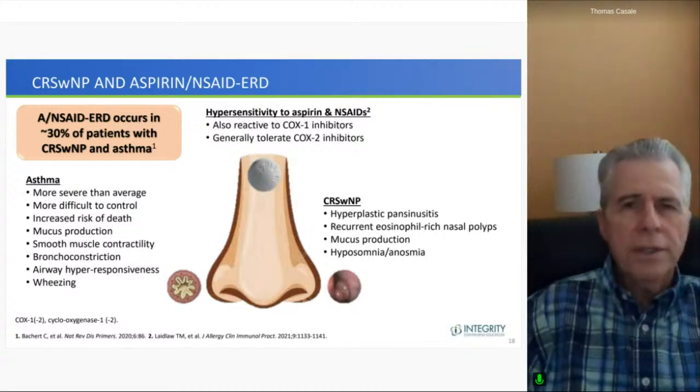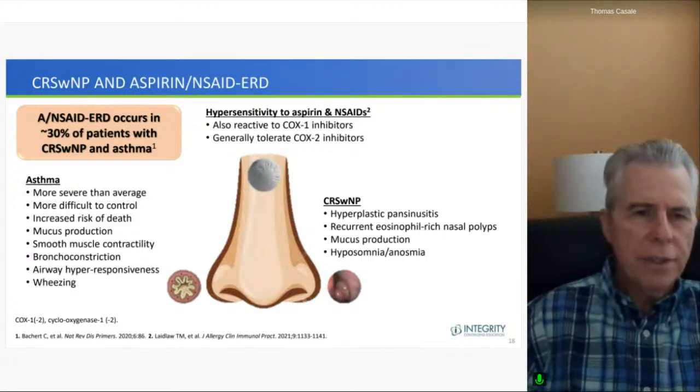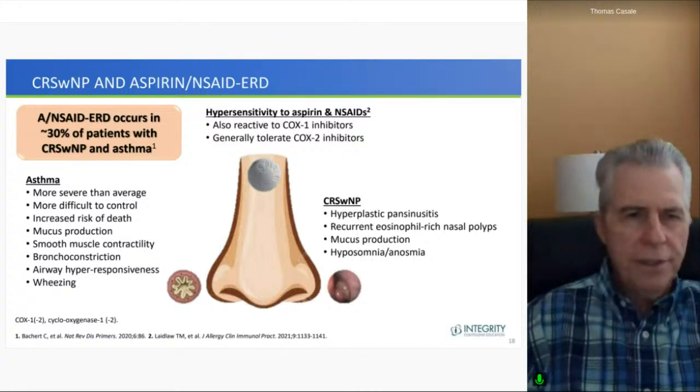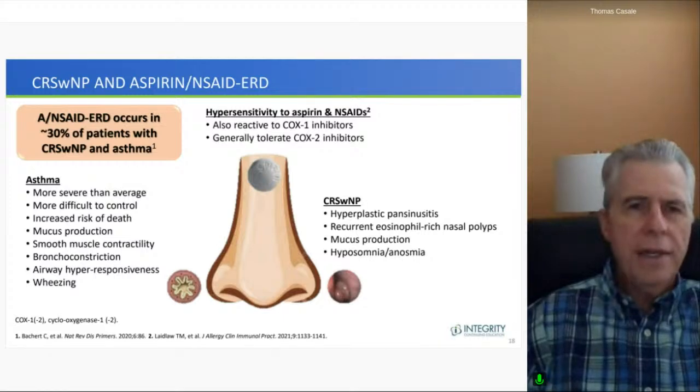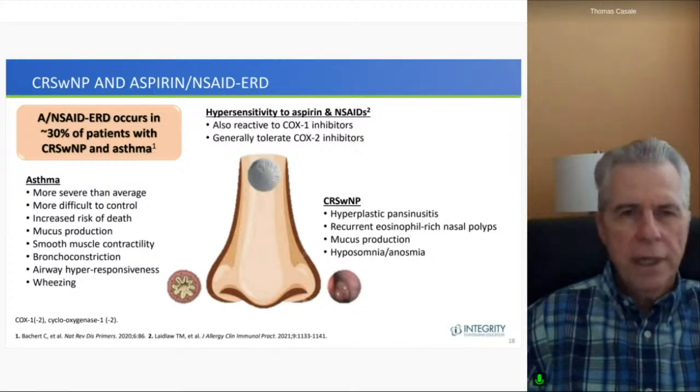Now, the so-called Samter's triad, originally described by Max Samter many years ago, included 3 things, and that is aspirin sensitivity, asthma, and nasal polyps.